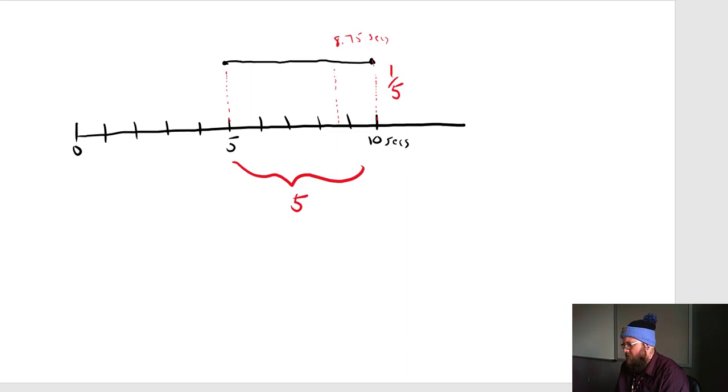With this, let's think about this. We need to find the width of this range right here, the 8.75 area. You've got to find the width of this area right here.